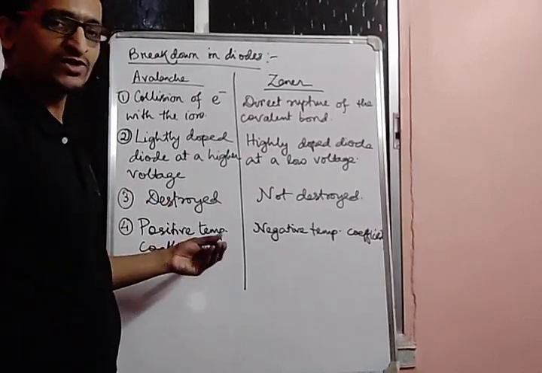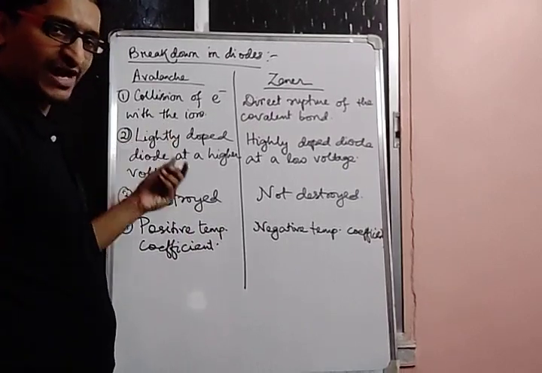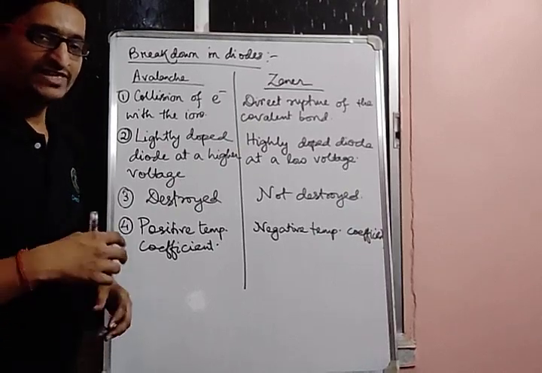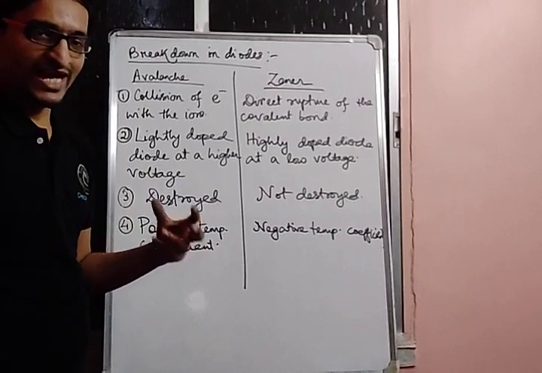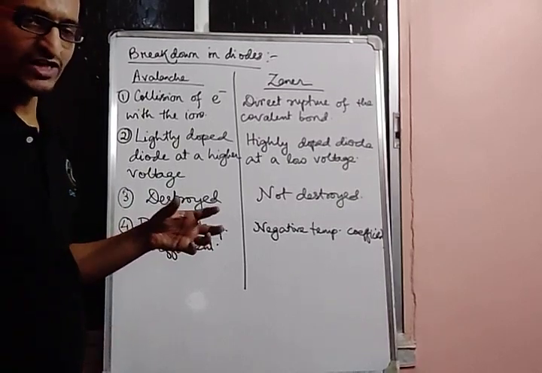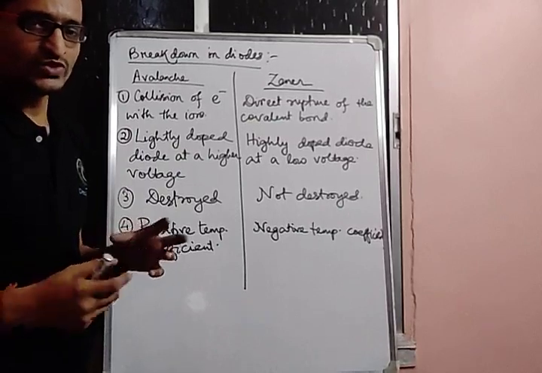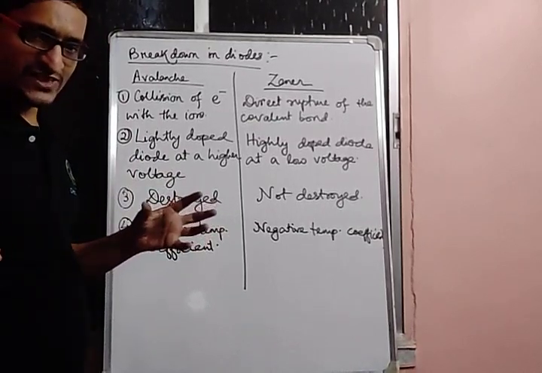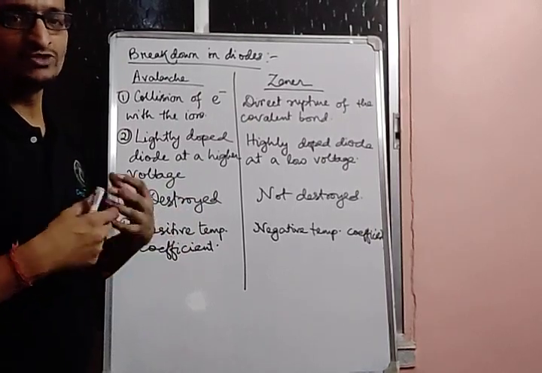On the other hand, in case of avalanche breakdown, what happens with the increase in temperature? With the increase in temperature, vibration of the ions increases. As a result, the possibility of collision of the electrons with the ions increases, so the chances of gaining sufficient energy in between collisions reduce.